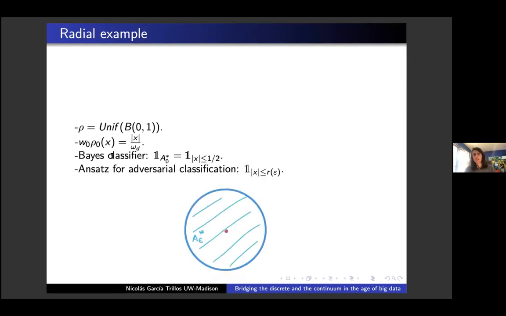Since everything is radial here, you expect radial symmetry everywhere. So the base classifier looks like that for this model. And if you had to guess what the adversarial classifier should be for a given epsilon, it should be radial as well. You just need to determine what this R epsilon is.